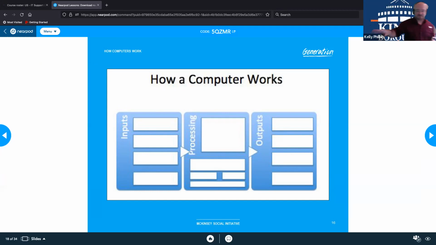All right, so we'll jump on here a little bit. What about processing? There's just a couple things in here, but what would we use for processing? CPU, the main brain. Motherboard. Excellent.